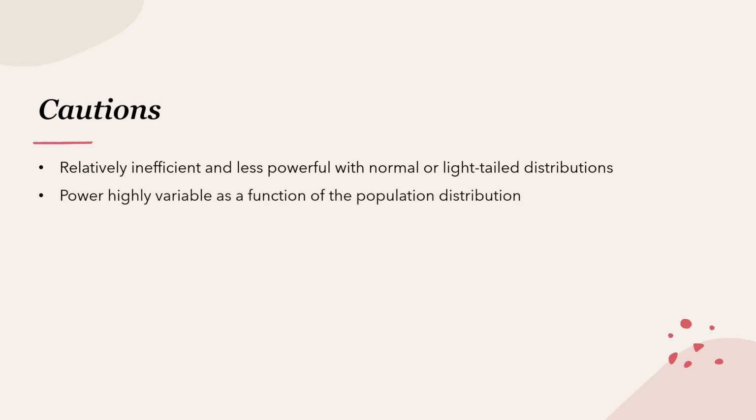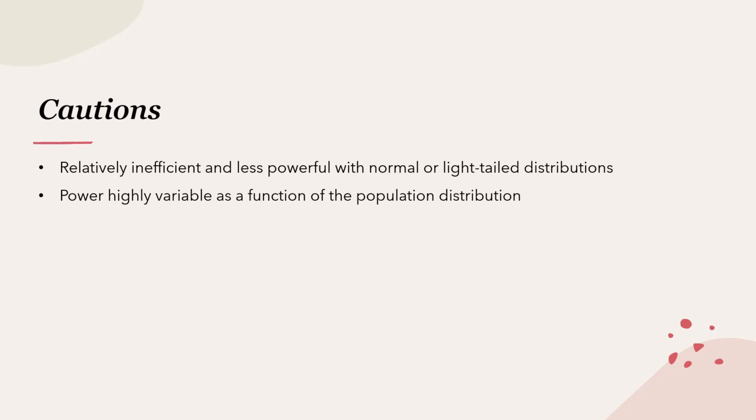The power of the sign test can be highly variable as a function of the population distribution. We are going to see some statistical inferential methods later in this course in which, yes, the test might sometimes be less powerful, and yes, it might sometimes be more powerful. But one reassuring aspect of some of those tests is that even when the test becomes relatively less powerful, the power does not drop too far below that of competitive tests.